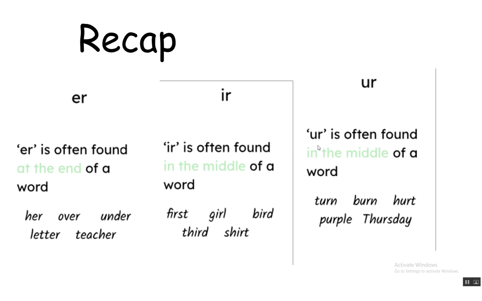Because UR is found in the middle too. So if you recognise the end sound like turn, you can't put the N on an IR word, but you can with the UR. Burn, purple. So multiple consonant sounds at the end of a UR sound, not in an IR, just a digraph, consonant blend, ST, and it's in the middle of days of the week.